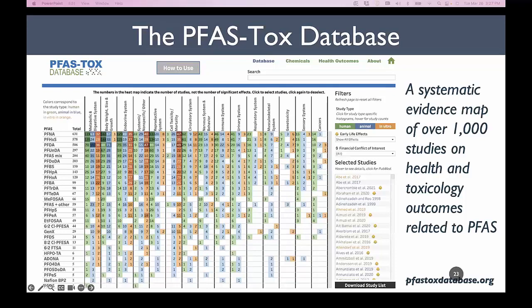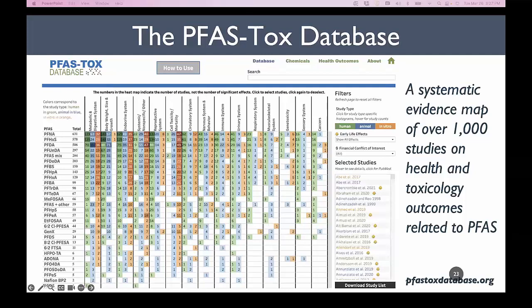And I want to acknowledge Abigail Blind, who is one of our postdocs at Northeastern, who's really been leading this work. So you can link to the database at the URL at the bottom right of the screen, pfastoxdatabase.org. And then if you click on the word database up at the top right of that screen, it takes you to this user-friendly searchable interface.